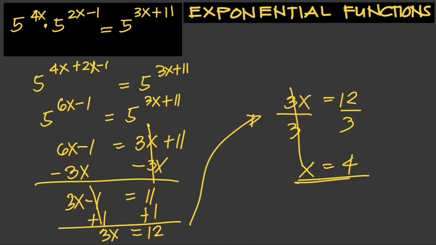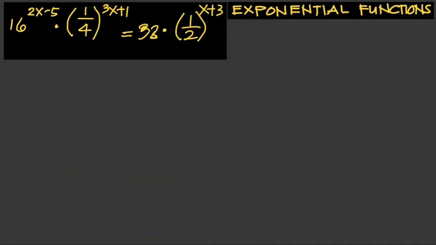It may take a bit of practice to get used to knowing which base to use, but as we practice, we will get much quicker at knowing which base to use. As we do so, we will use our exponent properties to help us simplify. Let's try solving another problem here.